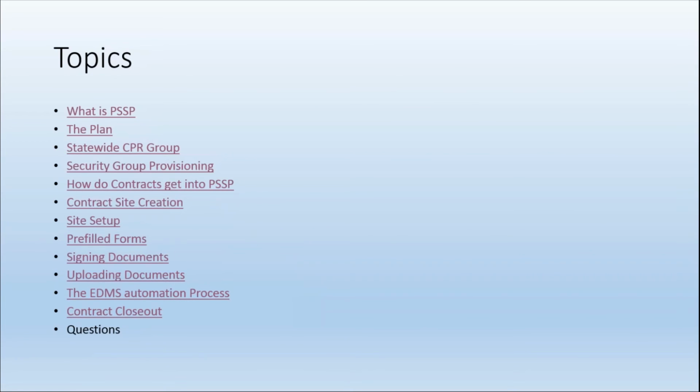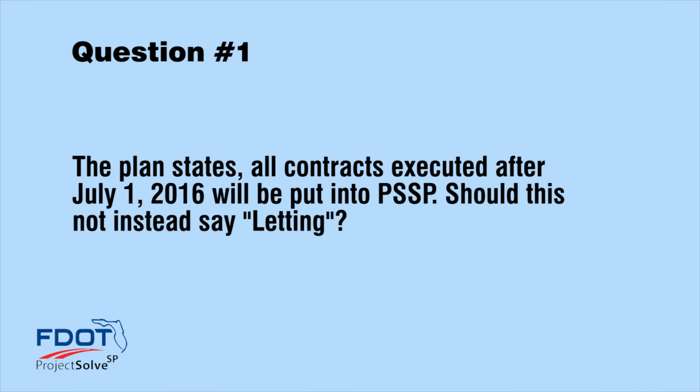All right, at this time, I'm going to start looking at some of the questions that have been submitted. The first question: the plan states that all contracts executed after July 1st will be put into PSSP. Should this instead say letting? Yeah, everything that's let after July 1st should be put into PSSP.